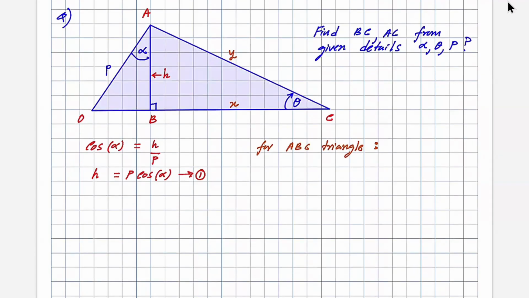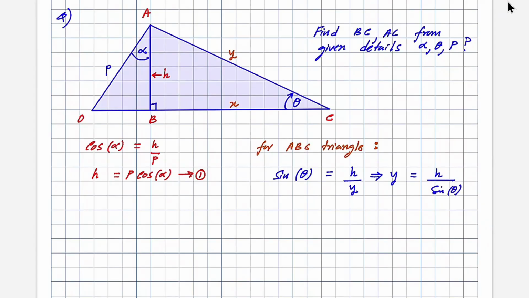If you do that, let's do sine theta first. If you use sine theta, it's going to be h divided by y, right? Opposite divided by hypotenuse. So from here, you can make y the subject, which is going to be h divided by sine theta.